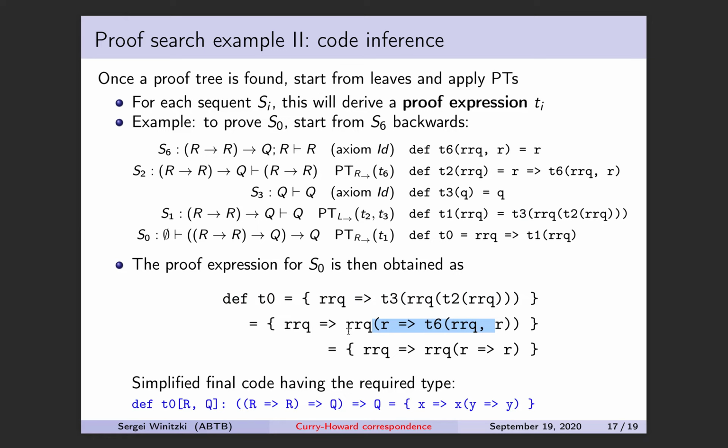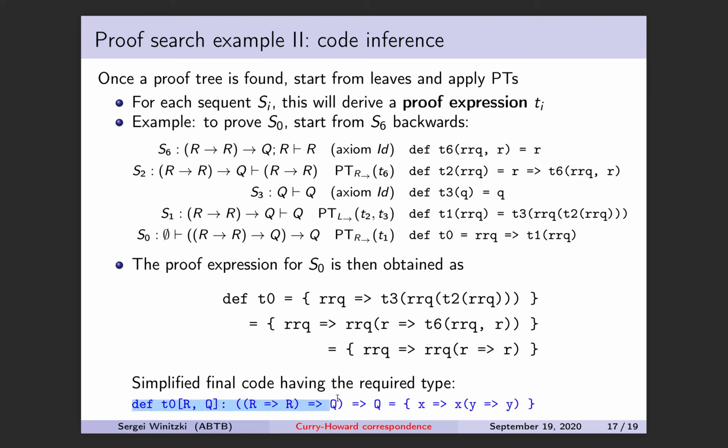You simplify, evaluating this function as far as you can. And after this partial evaluation, so you evaluate not everything, because you cannot evaluate this. You don't know what that is. That's going to be your argument. But you can evaluate T6, for example. T6 is just R, so it ignores this thing. So that is simplified. And the final result is this.